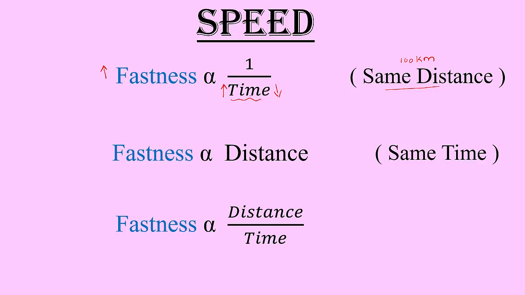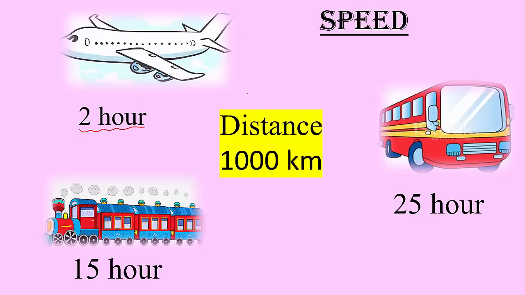Is it clear? Similarly, in the second case, I am going to keep time constant. Suppose the time for transportation is constant, then fastness is directly proportional to distance. See here, how much is the distance? That is 1000 km. This 1000 km is constant. Right? So here when time is kept constant, this distance is not changing.